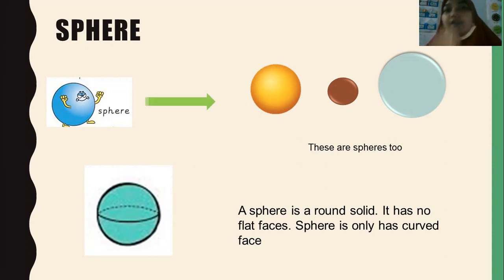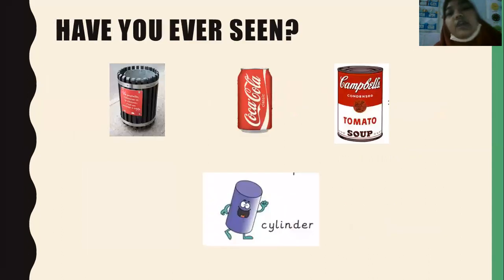Tadi saya bilang flat face itu datar, seperti the surface of this phone. And curved face itu lengkung, melengkung ya, such as this bottle. So a sphere only has a curved face. There is no flat face. It's only a curved face. That is a sphere.